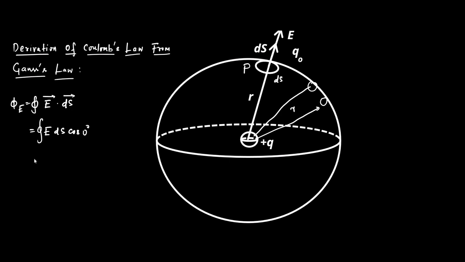So this will be equal to E ds, and that will be equal to E into 4 pi r square.